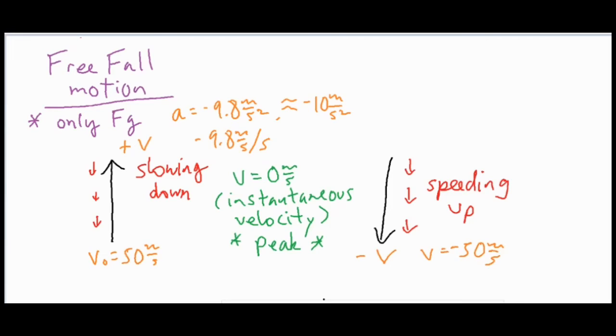Hey, that's basically straight vertical free fall motion. Now, when you add a second dimension to that, you are going into projectile motion, which is the first time we're taking a look at two-dimensional motion.